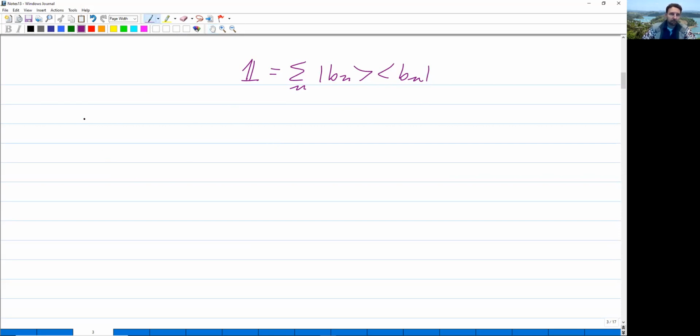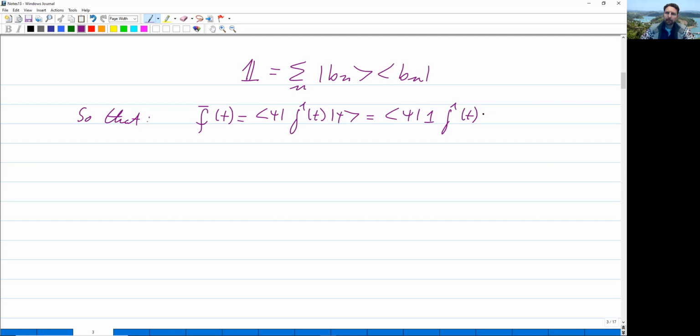So that, for example, f bar of t, sorry, of course, it's the prediction. So f bar of t, psi, f hat of t, psi, can also be written as psi, identity, f hat of t, identity, psi.